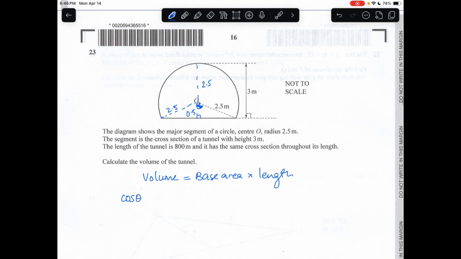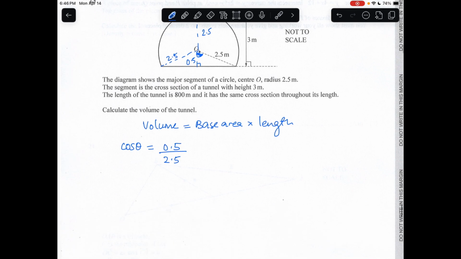So first the angle. Cos of theta is going to be 0.5 divided by 2.5. In SOHCAHTOA, I have the adjacent, this is going to be the opposite, this is the adjacent side, and this is going to be the hypotenuse. So I'm going to use that to calculate theta.